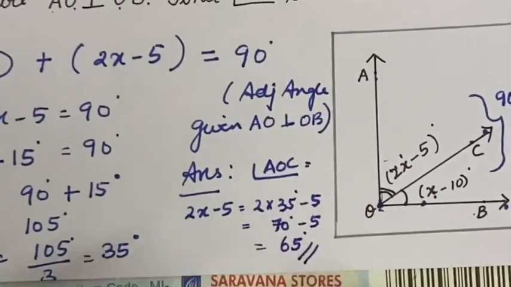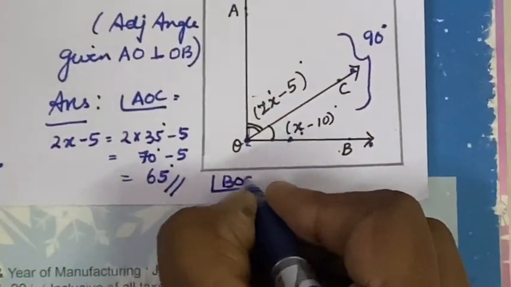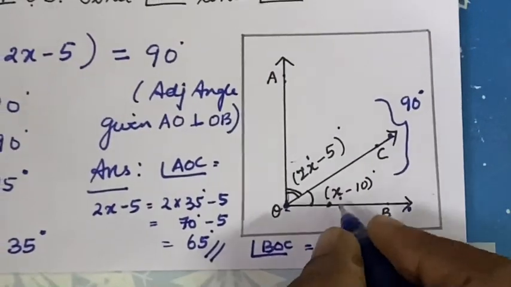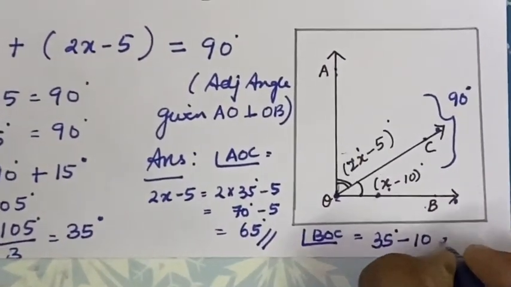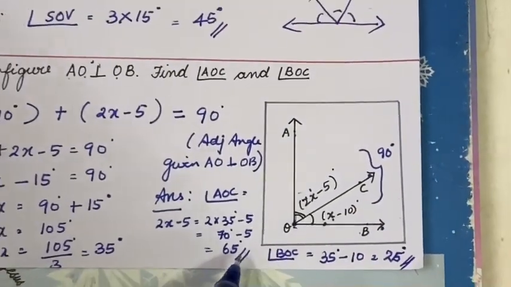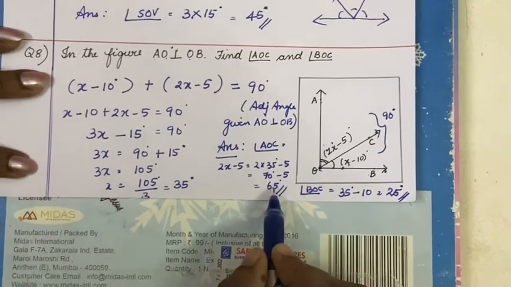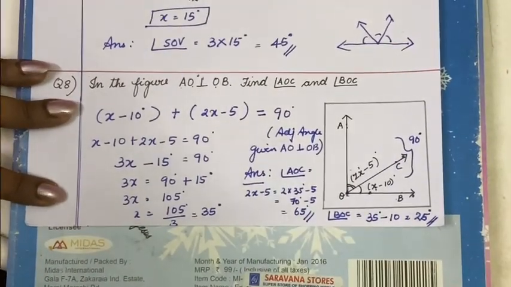This is one answer. The other one is angle BOC. What is BOC? x minus 10. x is 35 degrees minus 10 degrees, which is equal to 25 degrees. So these are the two answers. 65 degrees and 25 degrees are the two required answers. If you add them up, it will be equal to 90 degrees.